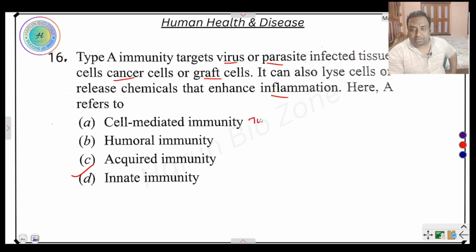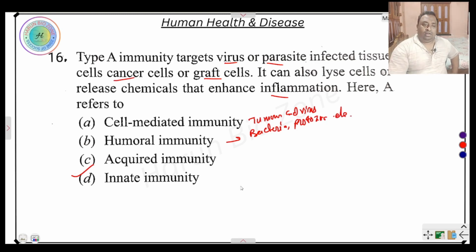And humoral immunity works against bacteria, protozoa, etc. So here type A immunity targets virus, parasites, infected tissues and cancer cells or graft cells. It can also lyse cells or release chemicals that enhance inflammation. Here A refers to innate immunity.